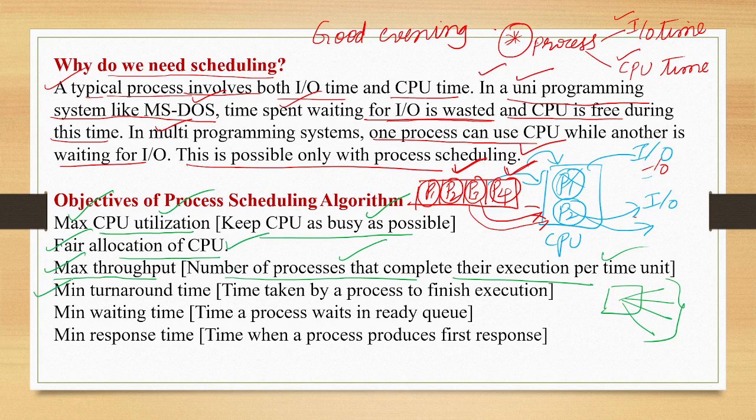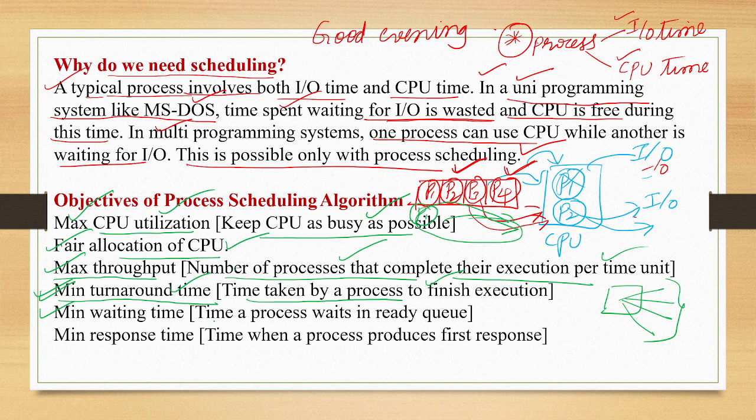Next, minimum turnaround time. We need to achieve minimum turnaround time. What is the meaning of turnaround time? The total time taken by a process to finish its execution. From the time the process comes into the ready queue until the completion of its execution, this total time is called turnaround time. We have to minimize this turnaround time.